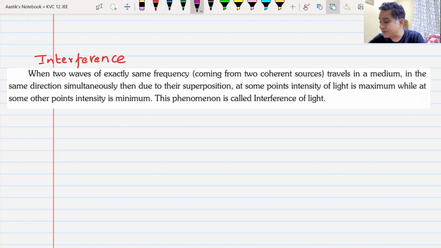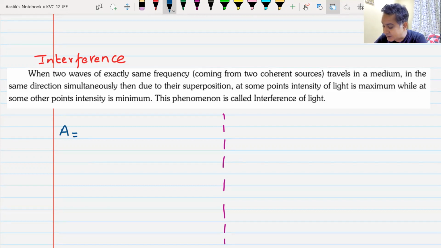Yes, sir. Now this interference can be of two types. What do you mean by interference being of two types? Now let us go and see the formula for the resultant amplitude or the resultant intensity.